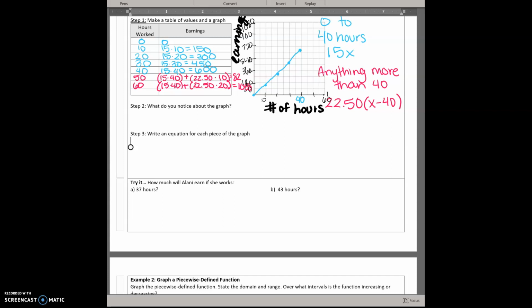And then after that, it would jump up a little bit more, right? Because she's making more money for each hour. So 50 would be 825. For some reason, my 5 disappeared. 825. And then 60 we said is 1,050, so up here.